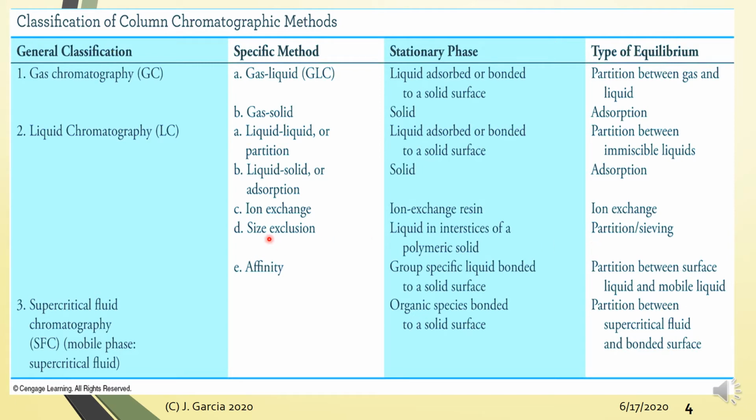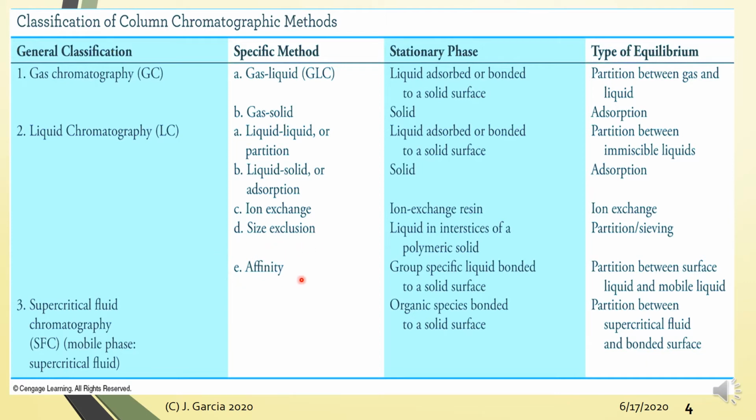As the name implies, size exclusion separates your solute components in terms of their relative sizes, okay, or relative molecular weights, instead of their relative affinities, no, towards the stationary phase. So I think that is the kaibahan sa size exclusion chromatography.